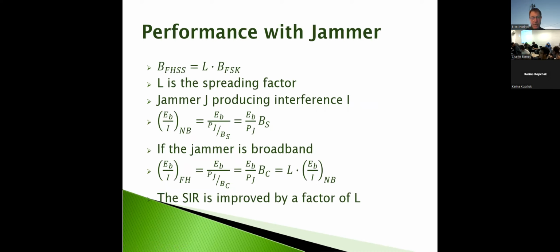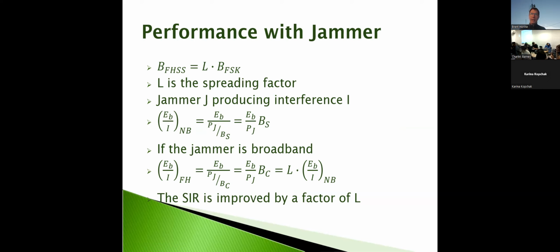We'll look at 3 different cases here. This is just the idea that we're going to use a broadband jammer and compare it to the non-hopping case. Here, the bandwidth of our basic signal is B FSK, which is closely related to the frequency separation between the FSK symbols.